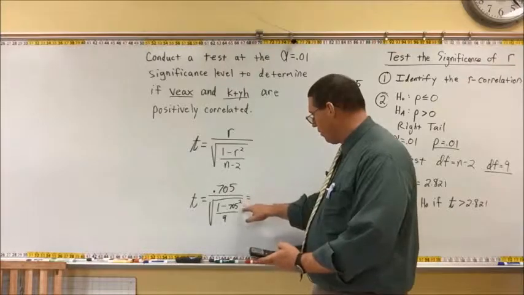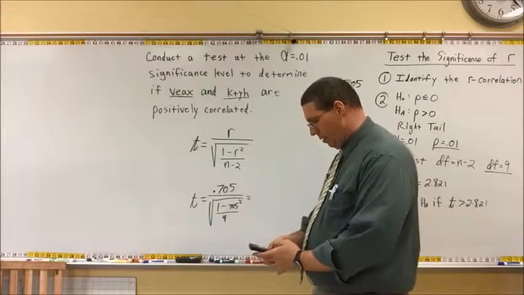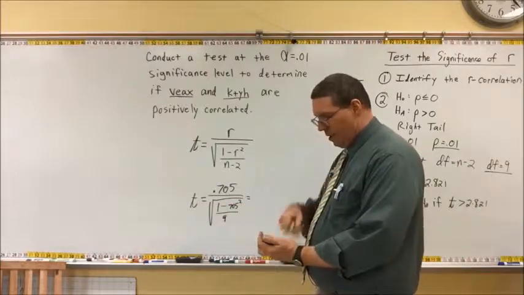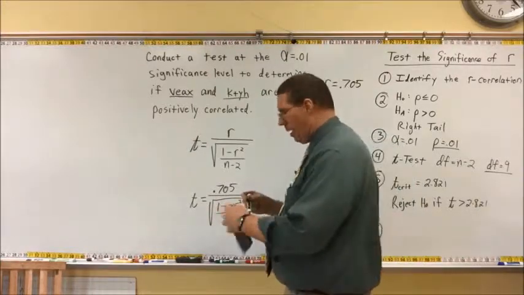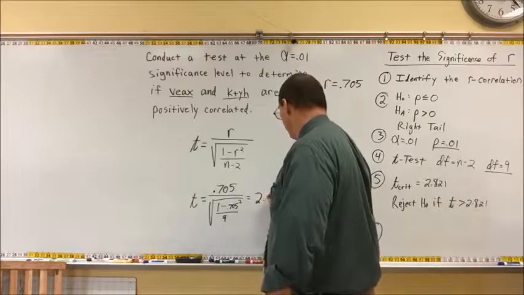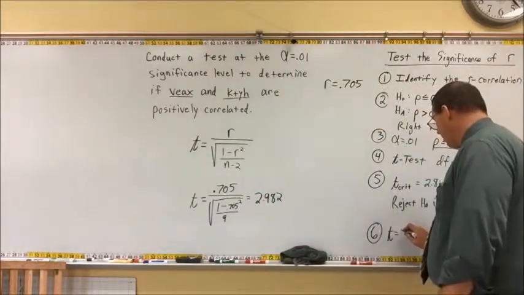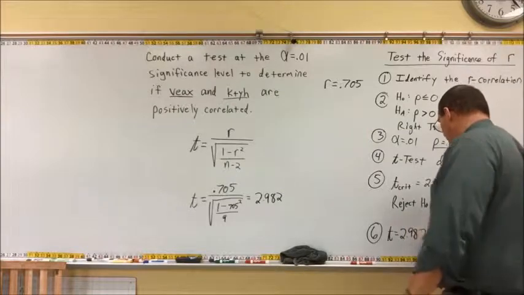Then I'm going to close off this parenthesis and divide by 9. Then I'm going to close off the parenthesis for the radical, press enter, and I get 2.982. So our t statistic is 2.982.